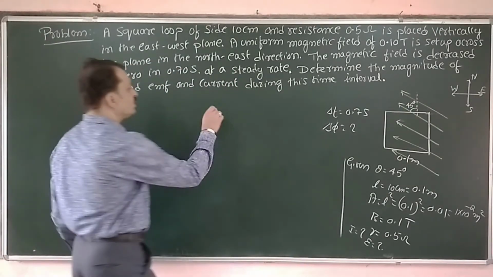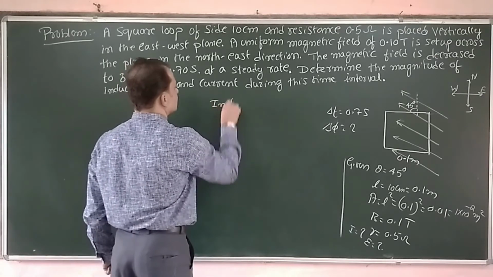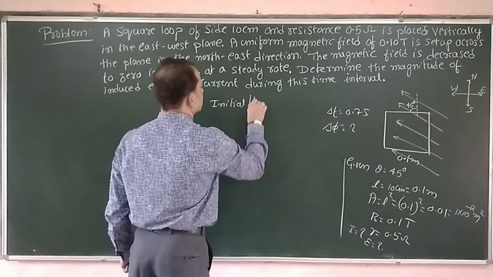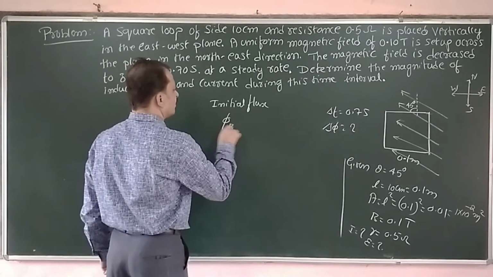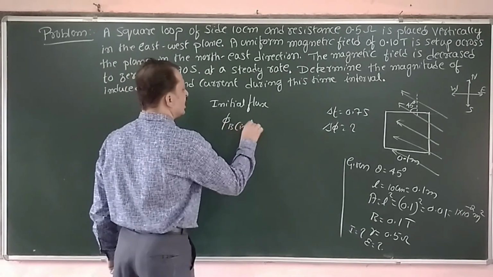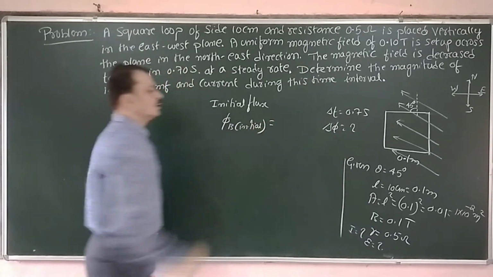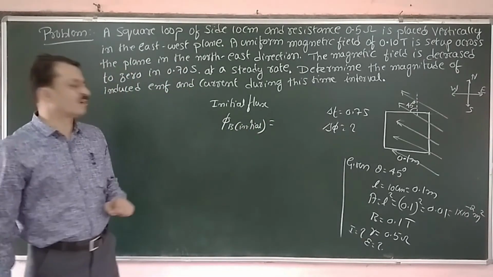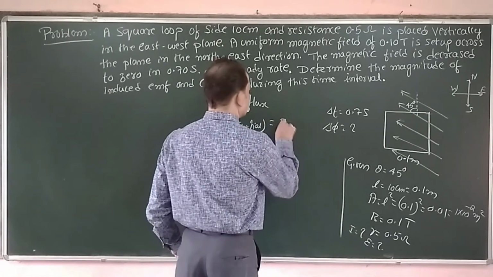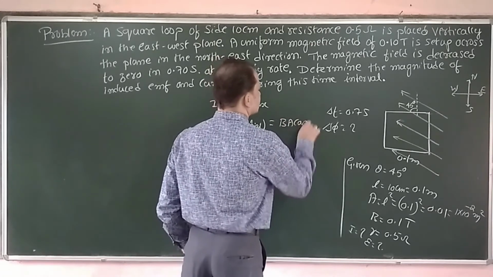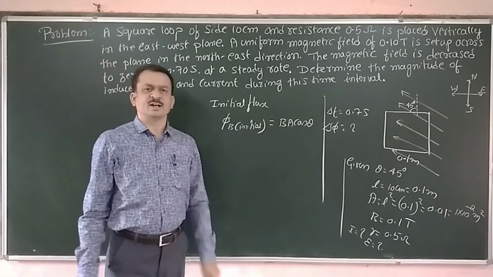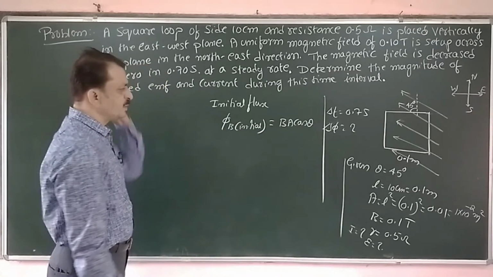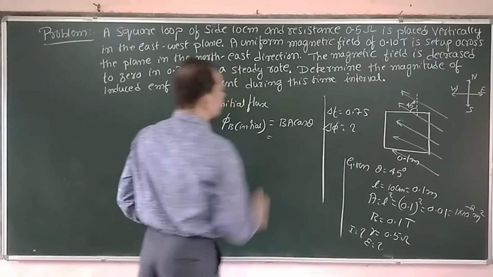Now the initial flux. Initial magnetic flux, I will write it as phi B initial. We know the general formula for magnetic flux, that is BA cos theta. It is the dot product of the field vector and the area vector. We know the values.